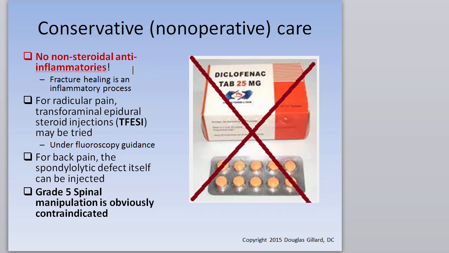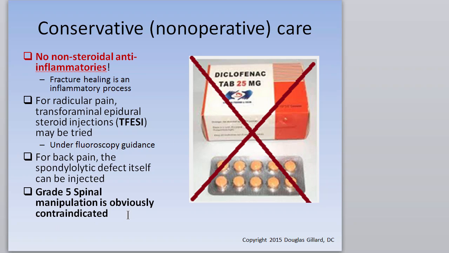So you need to call the primary doc because you don't want to interfere with his treatment, and tell the primary doc, you know what, you better perhaps think again about prescribing these to the patient. Or can you just stop? I think you can make the recommendation. It's not practicing medicine without a license. It's common sense. You can't use non-steroidal anti-inflammatories with someone with a suspected acute spondylolisthesis or spondylolysis.